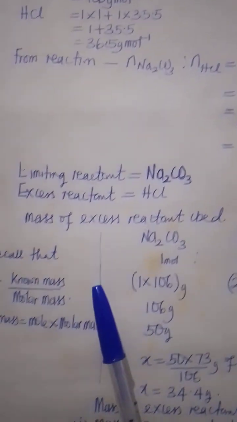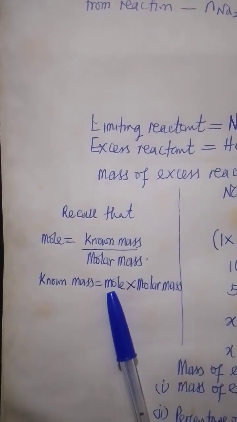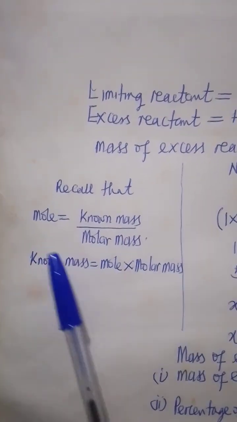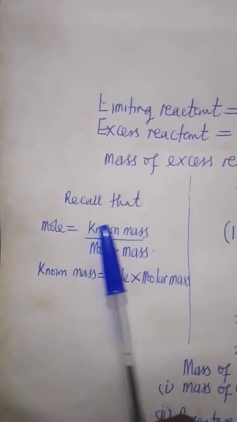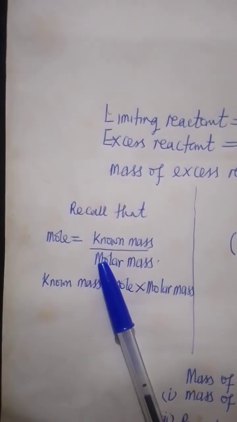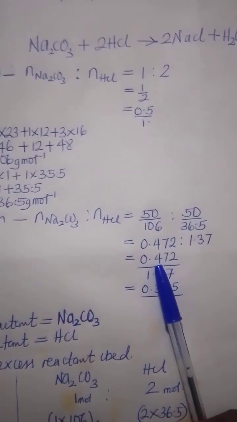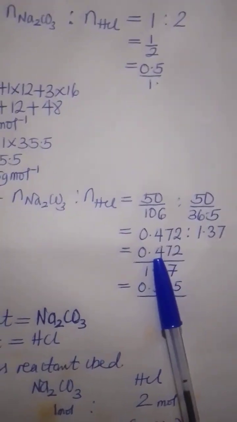If you look at this place, I gave the formula in case you forget. Mole is known mass over what? Over molar mass. So that's exactly what we'll apply here to solve this problem.